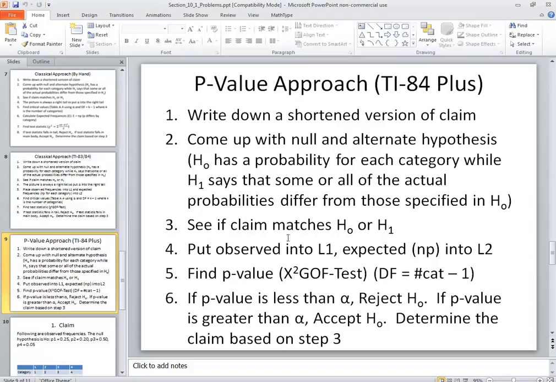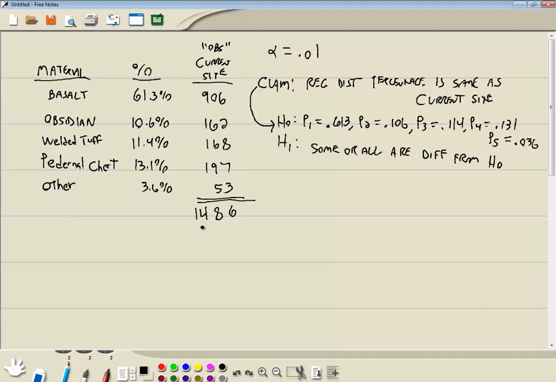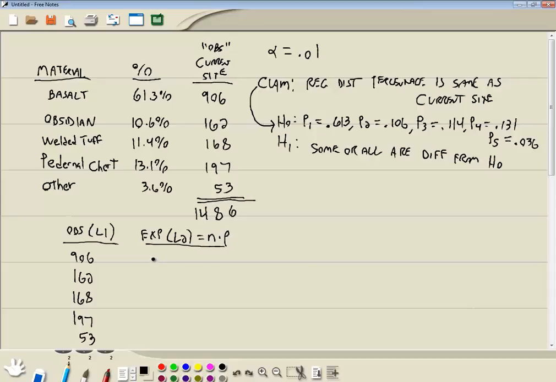Now this says, put observed into L1, expected in L2. Well, our observed L1 is these right here. So we got 906. We've got 162, 168, 197, and 53. Now our expected, we're going to put into L2, and that's going to be N times P. So we'll take 1,486 times 0.613.